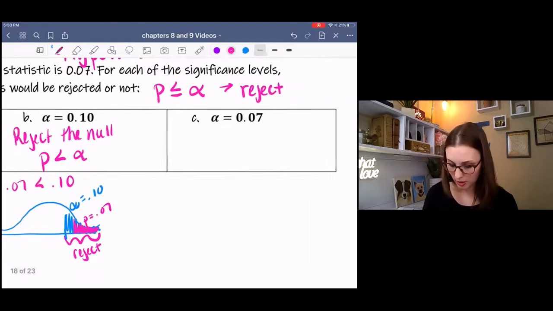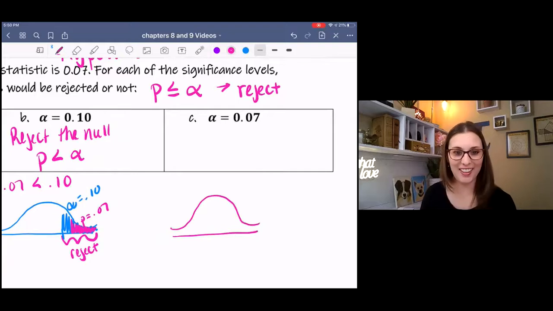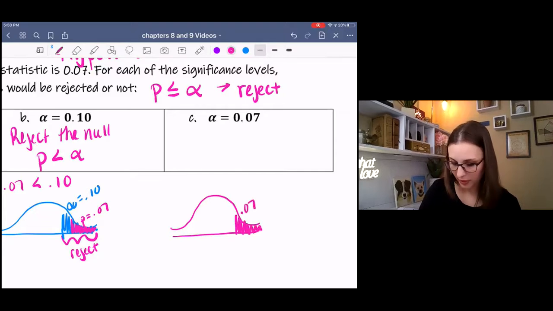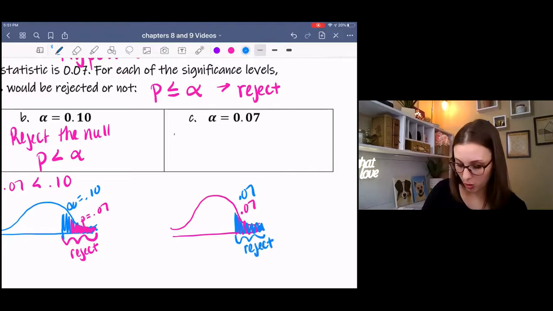Last one. We have our curve. And our alpha is 0.07, and our p-value is 0.07. Since it is less than or equal to, it still is in our rejection region. So we reject the null because p is less than or equal to alpha.